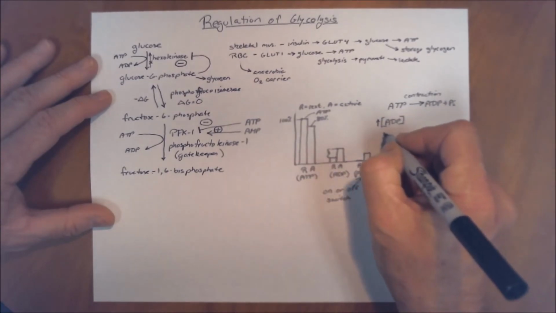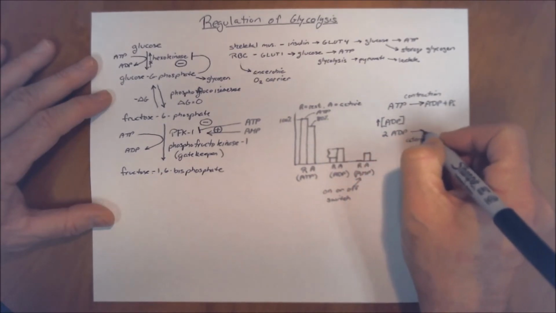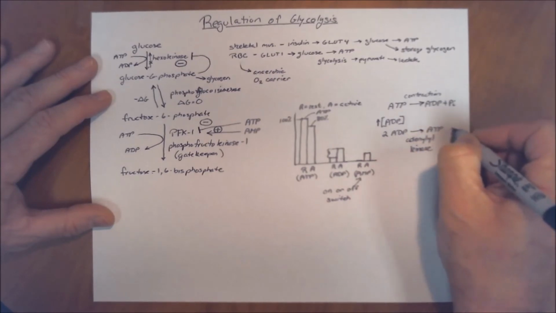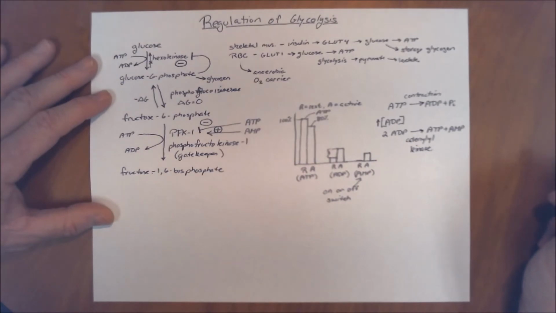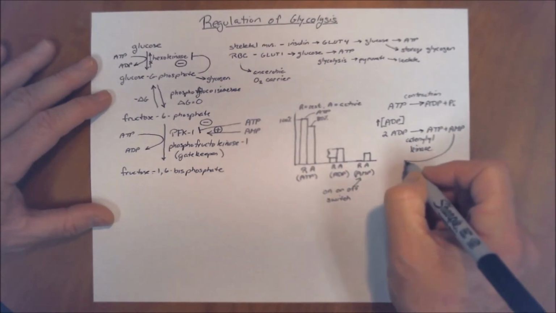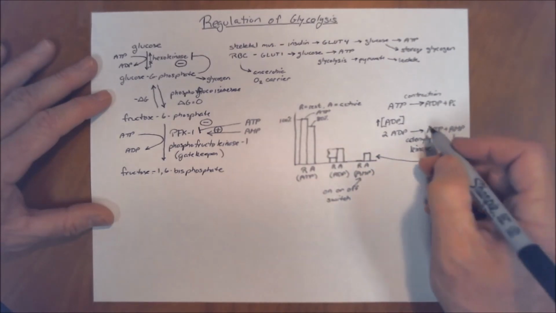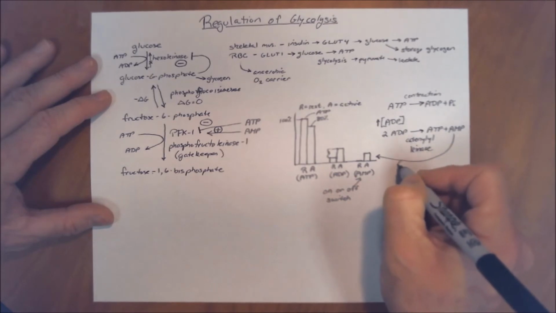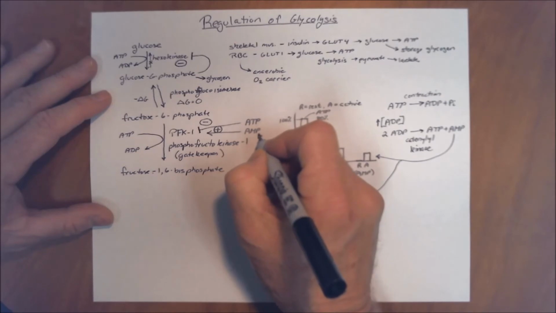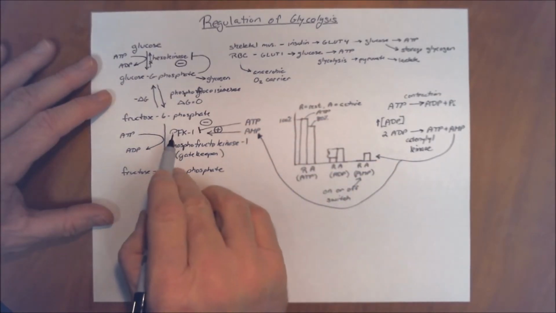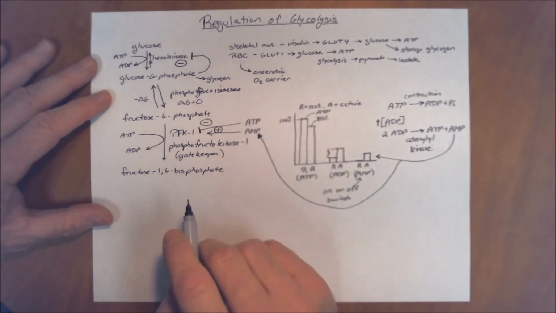Adenylyl kinase will take 2 ADPs and convert them into 1 ATP plus 1 AMP. This AMP is what appears during an active state when we're using ATP, and it's also the sensor that is activating PFK1 to allow glycolysis to proceed so we can get the ATP levels back up.